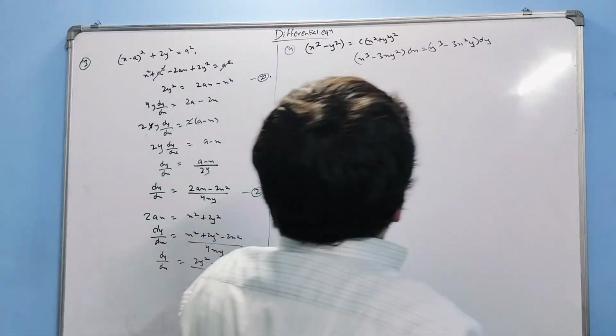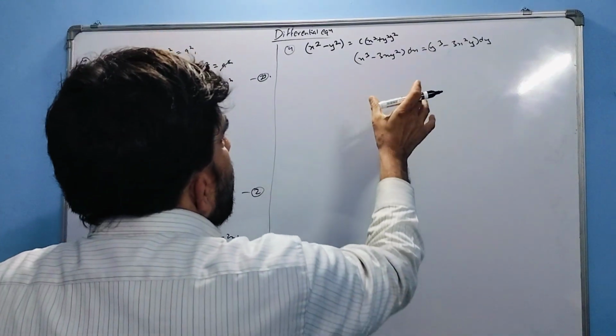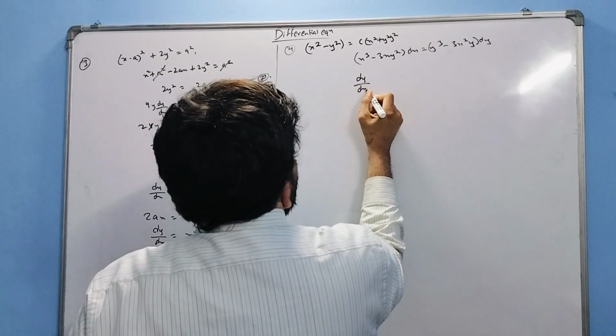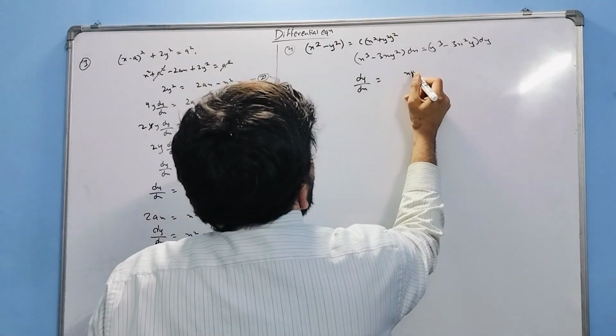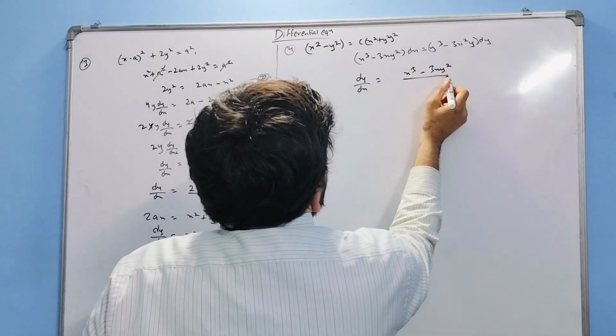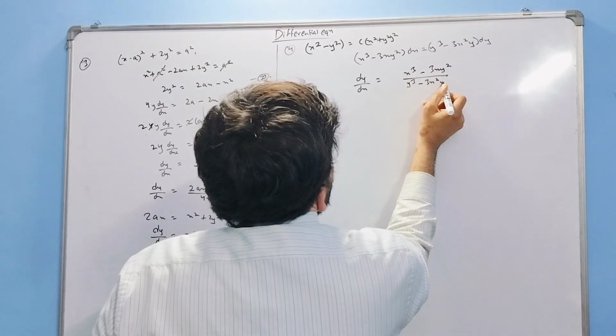Now let us see how we can do it. We can write this in the form dy upon dx is equal to (x cube minus 3xy square) upon (y cube minus 3x square y).